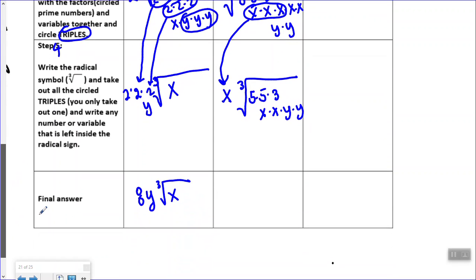And then lastly, you have to simplify. So x cube root, and then 5 times 5 times 3 is 75. And then x times x is x squared, and y squared. So this is your final answer.